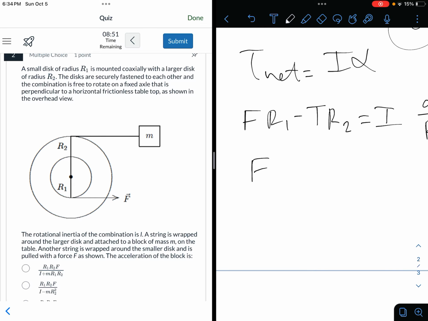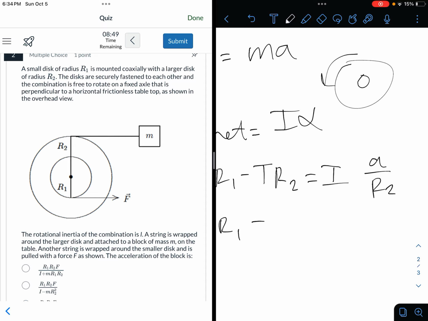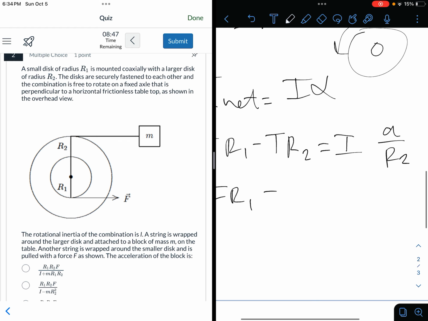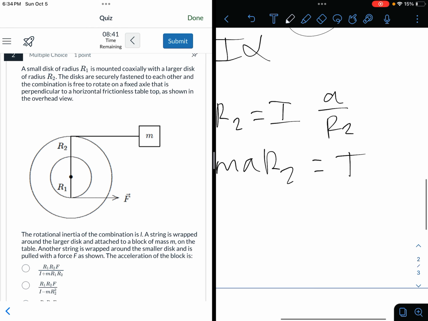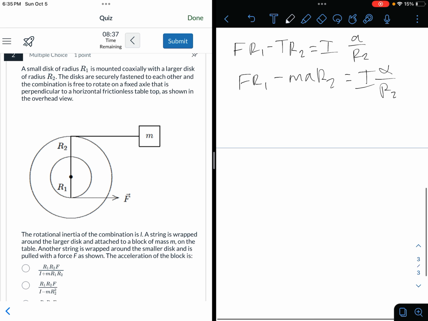So force times R1. Now the tension is going to equal ma, so I'm going to have ma times R2 equal I times a over R2. So I'm going to have all my a terms, so F times R1 is going to equal I a over R2 plus ma R2. And I can do some fraction manipulation.